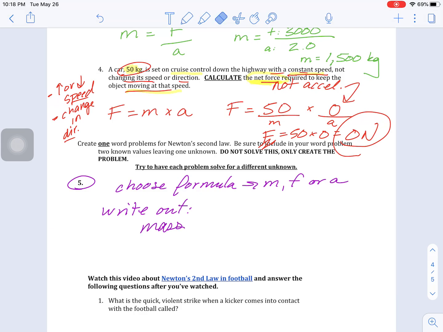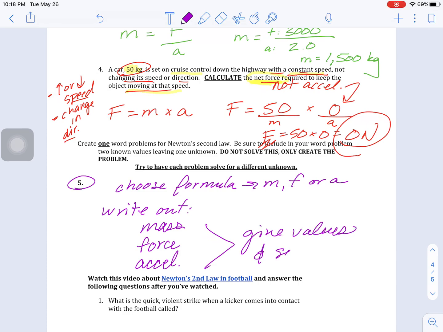I guess that's going to differ. So just make sure you include mass, force and acceleration in your problem, giving two values and then stating you're solving for the other, right?